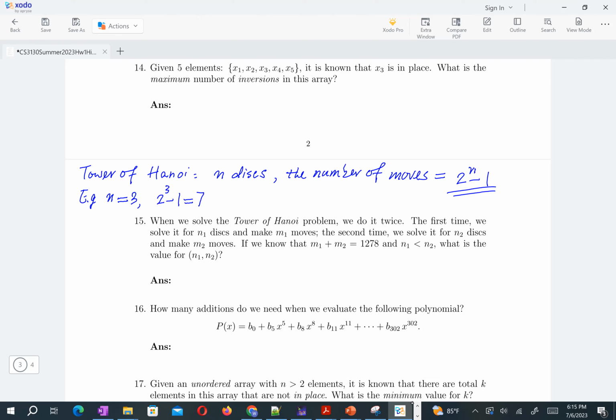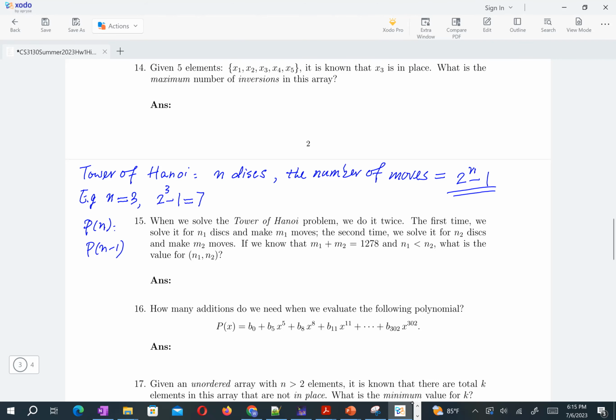When we solve P of n, the first step, we need to do P of n minus 1 first.